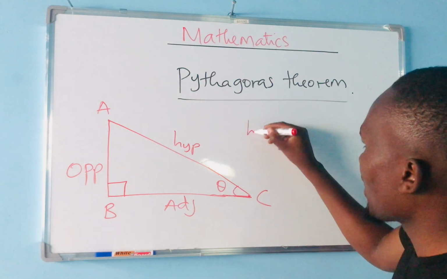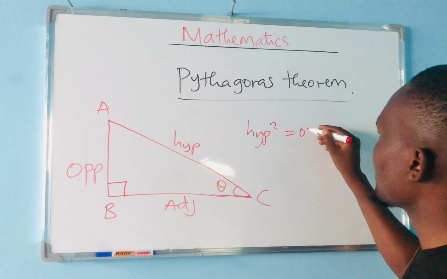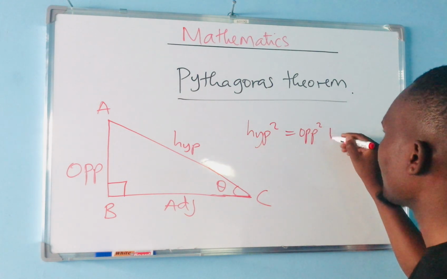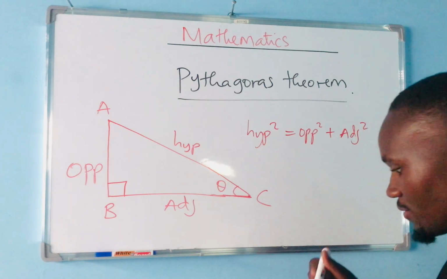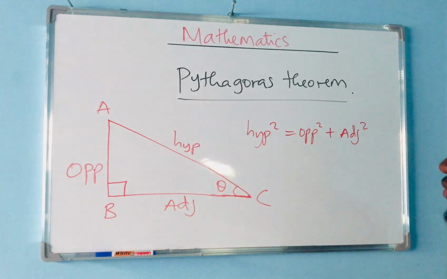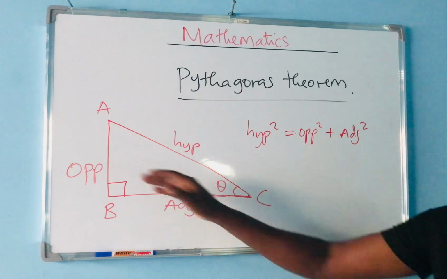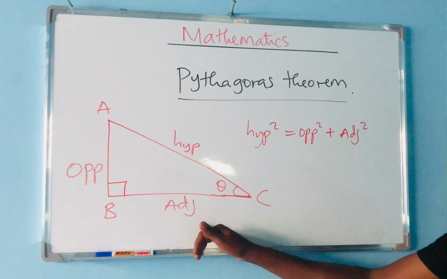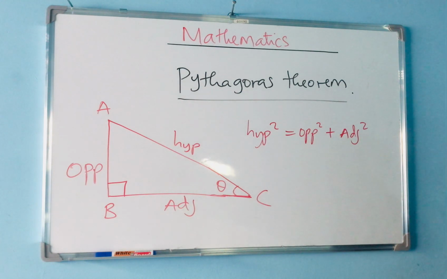It's going to be hypotenuse squared equals opposite squared plus adjacent squared. This is how you find the length of the hypotenuse.